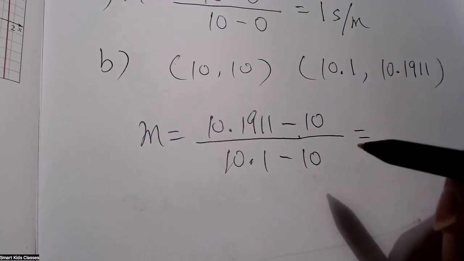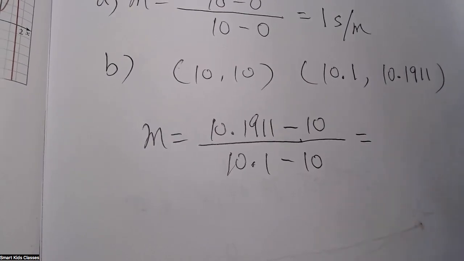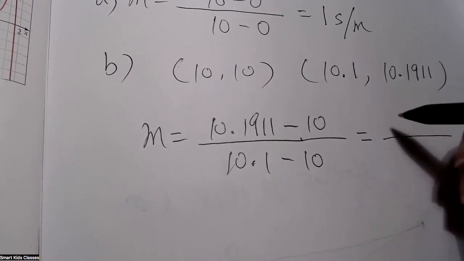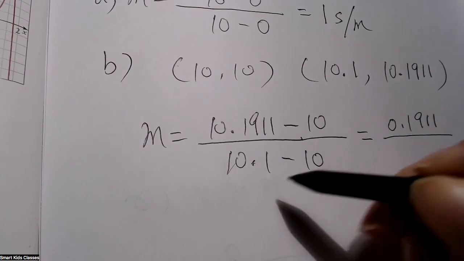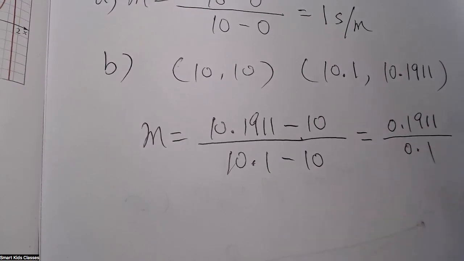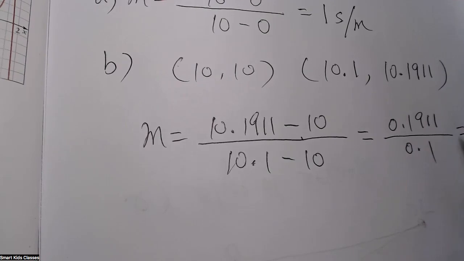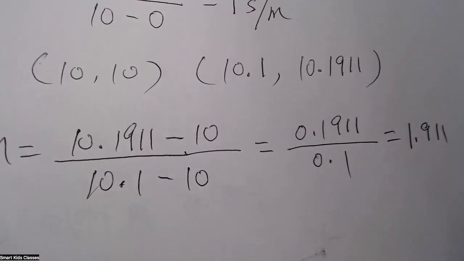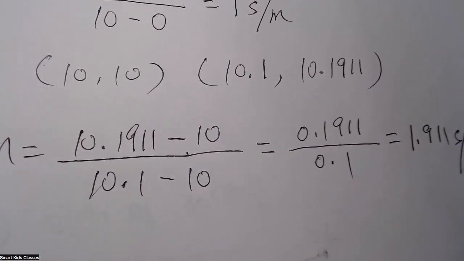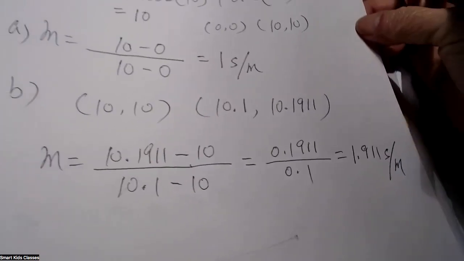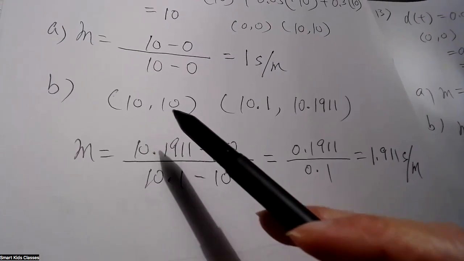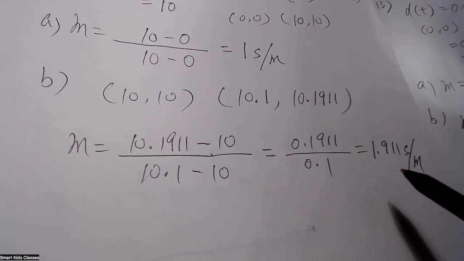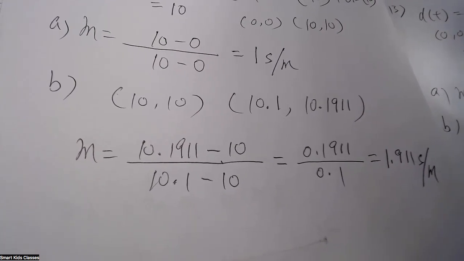So the slope will be equal to 0.1911 divided by 0.1, which is equal to 1.9 meters per second. That's how we find the instantaneous slope. Use a tiny difference in the time, plug in, get the y2 and you get the slope. It's very close to 1 point.